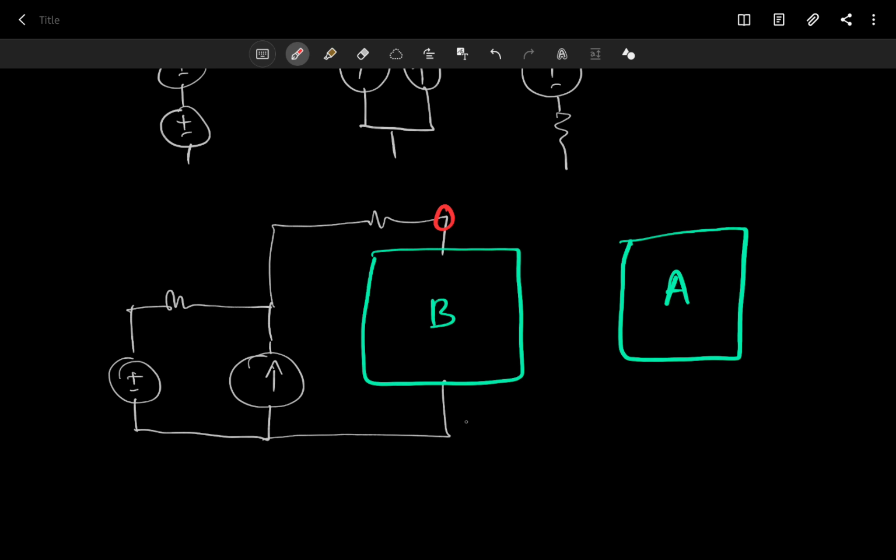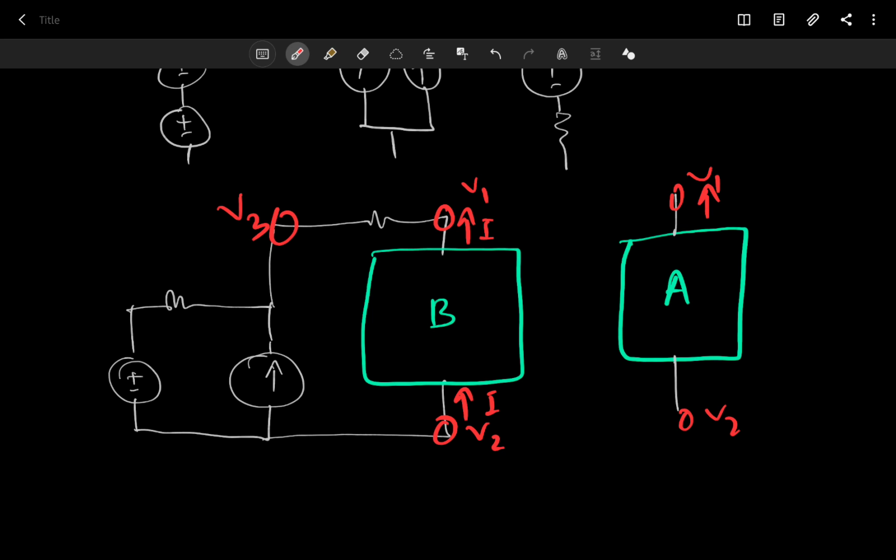So the node voltages here, V1, V2, and the currents going in and currents going out are exactly the same as they were before with circuit A. Everything else outside the box is exactly the same after you have changed the circuit.